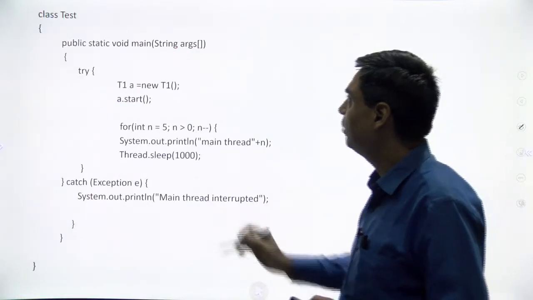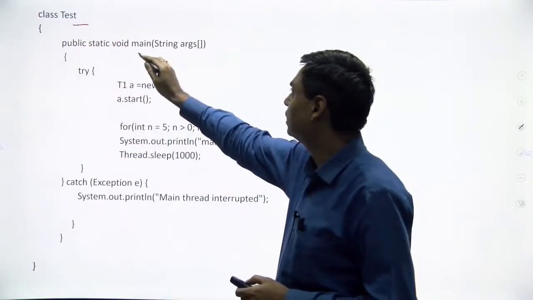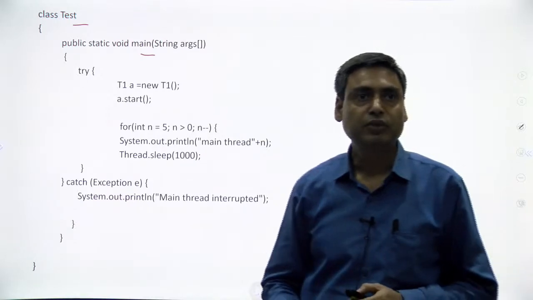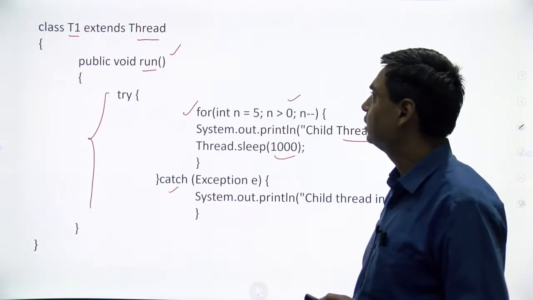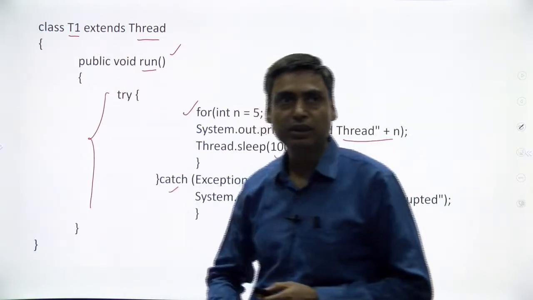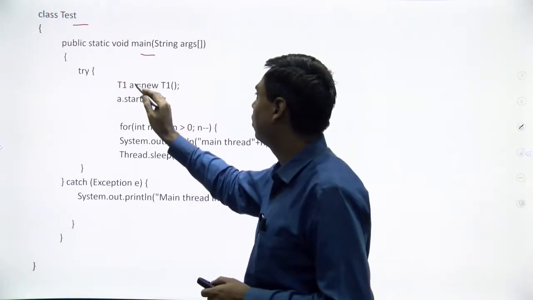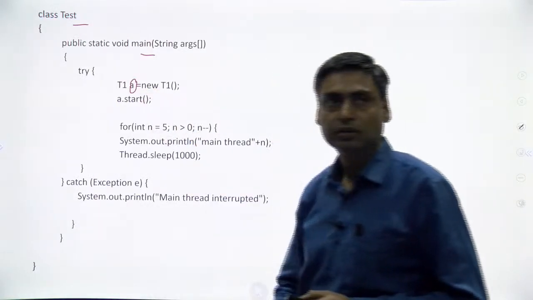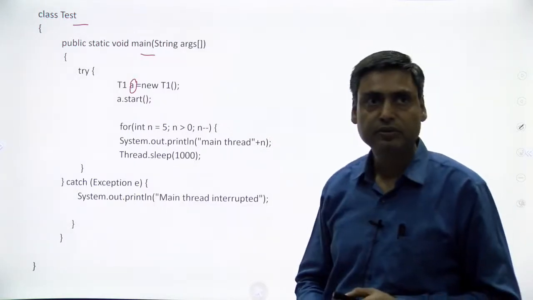Next, we have a class Test. Then we have a main method. First of all, we have to create a thread. So we already created a class that extends Thread. So we need to create an object of T1, then the thread will be created. So we have an object A of type T1. So this object is created.